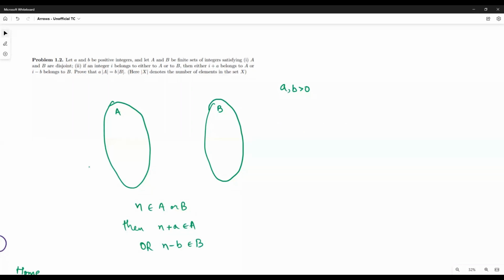Oh no, it is written then. Nowhere is it written that if I plus A belongs to A, then I has to belong to one of the sets A or B. I mean, no, the converse doesn't hold. The statement is in one direction only.